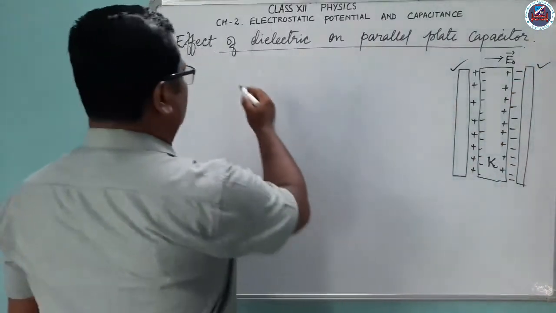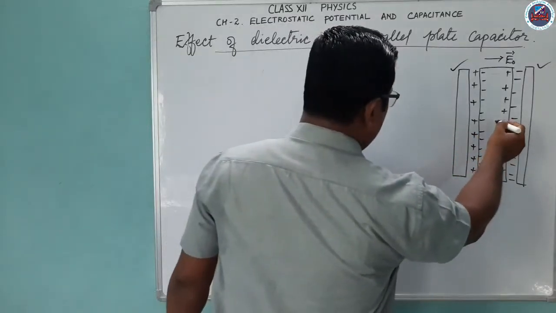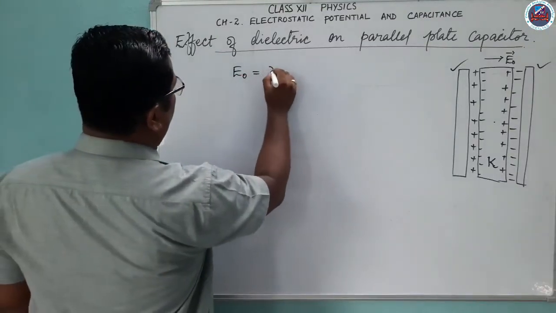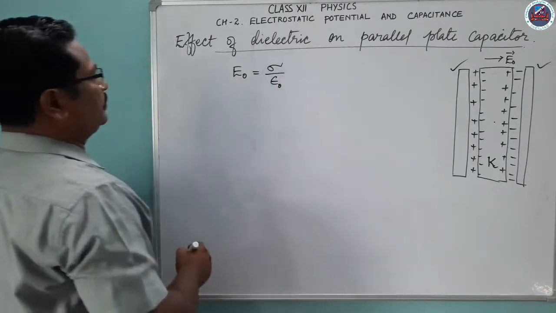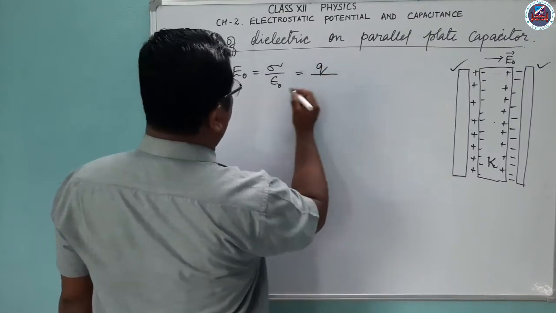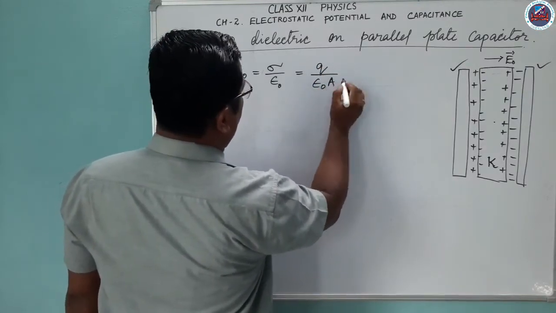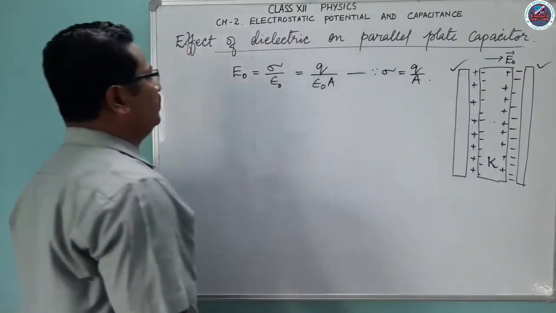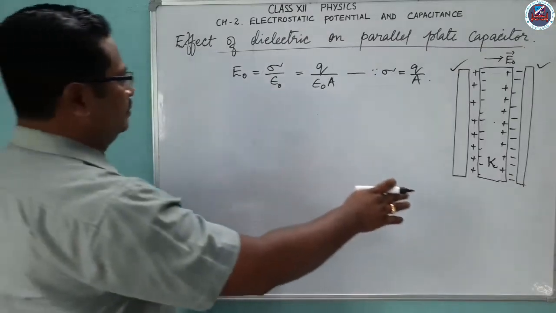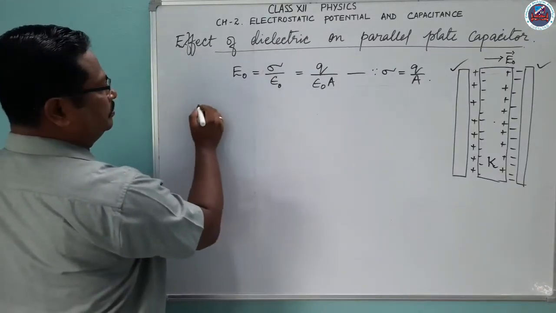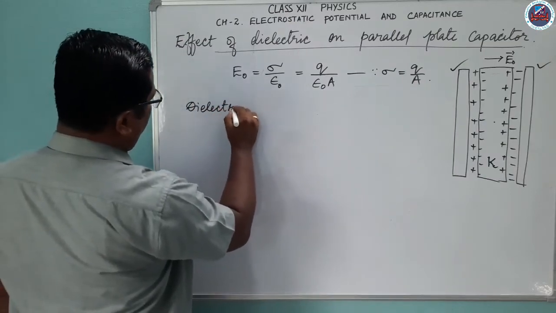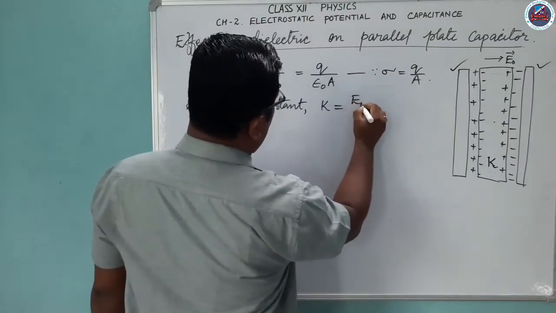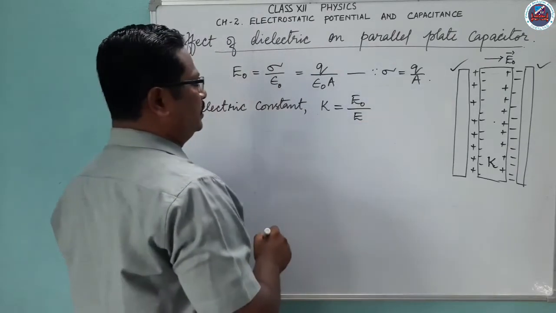Now the electric field intensity between the plates is given by E naught equal to sigma divided by epsilon naught, and sigma is charge per unit area, so we can write this as Q divided by epsilon naught A. By the definition of dielectric constant, K is defined as the electric field without the dielectric divided by the reduced value of the electric field inside the dielectric.